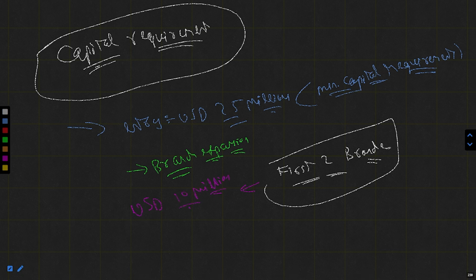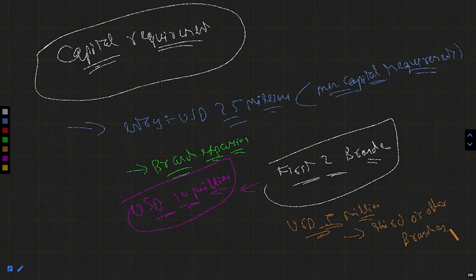It means that an additional 10 million US dollars are required to get approval from the Reserve Bank of India for expansion of the first two branches under the capital requirement provision. Okay. And thereafter, USD 5 million for the expansion of the third or other branches.